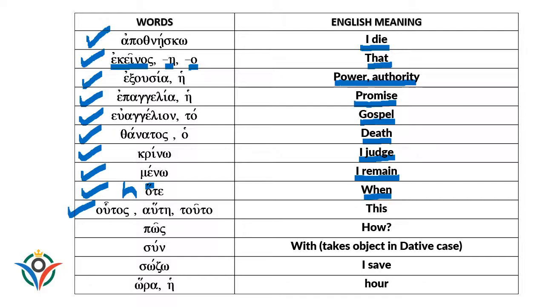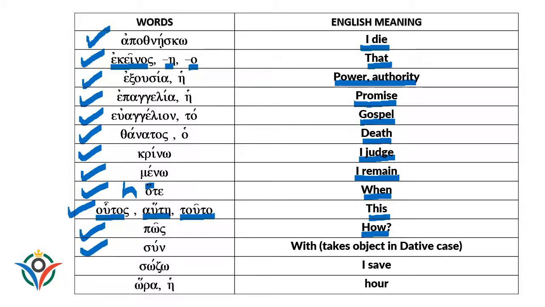Then we have our other demonstrative pronoun, hutos, haute, and tuta. So it gives us the masculine, feminine, and neuter nominative singular forms, which we translate as this and these in the plural. Next we have pos, which is how, asking the question.